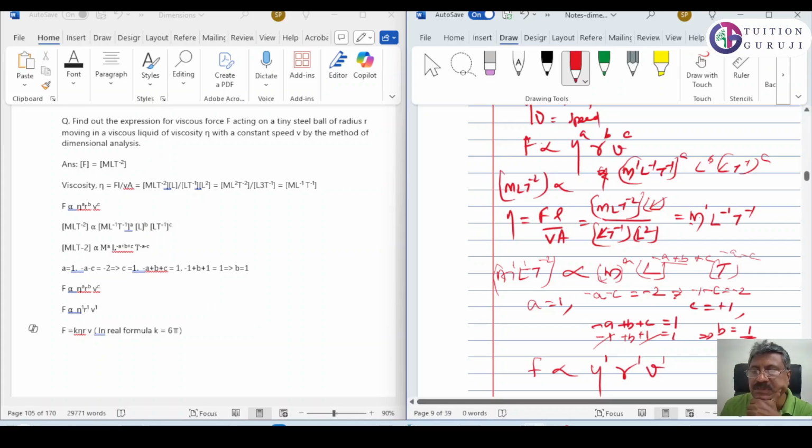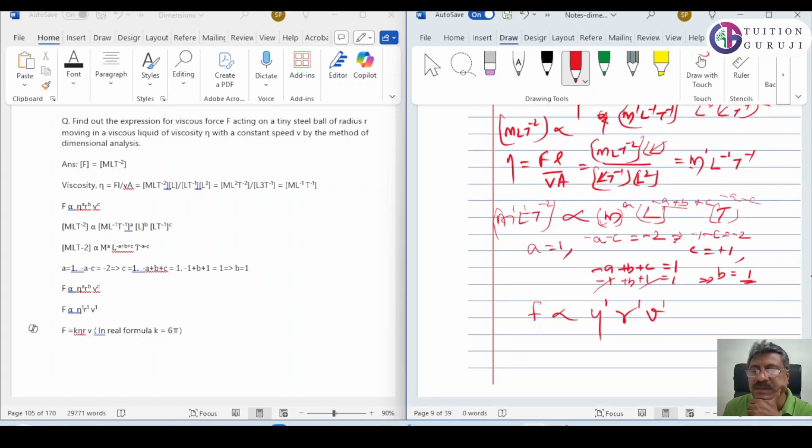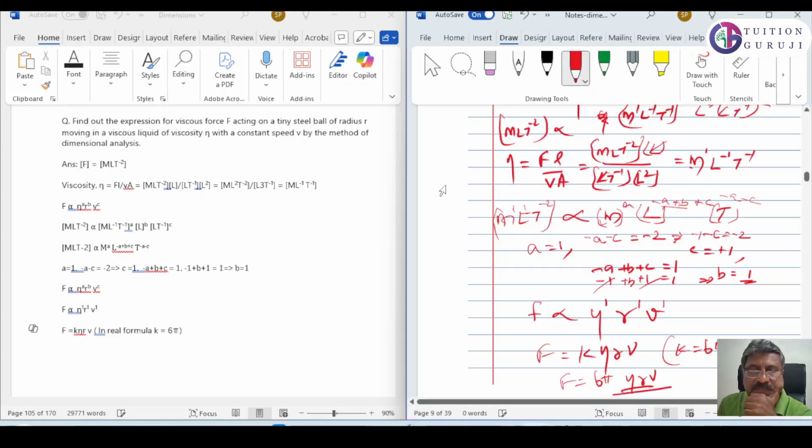So we are getting F is proportional to eta R V. Now F is equal to K eta R V. The value of K is equal to 6 pi in the real formula. The real formula is actually F is equal to 6 pi eta R V.